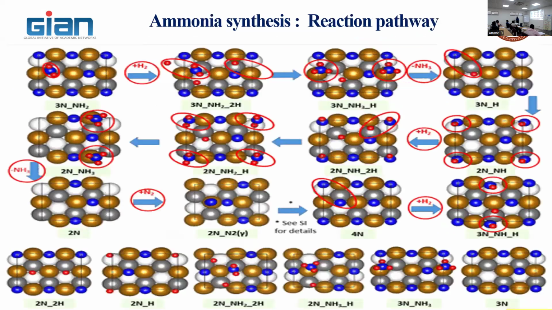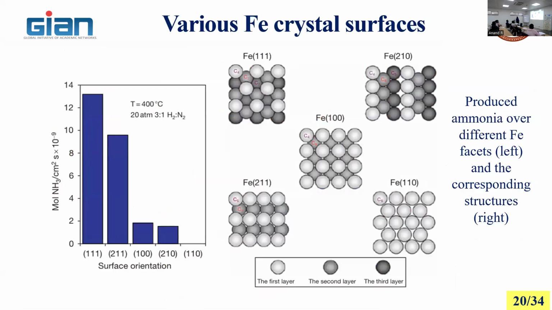Different molecular structures of intermediate species are formed before ammonia forms. When it comes to crystal surfaces, you come across 111, 210, and so on. It talks about different BCC and FCC structural elements, and how ammonia is produced over different crystals and corresponding structures.